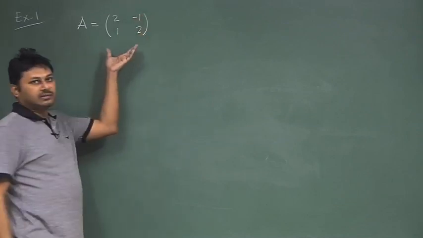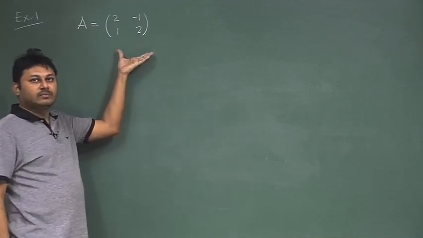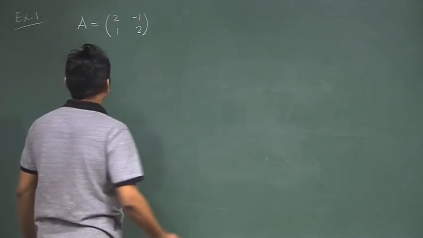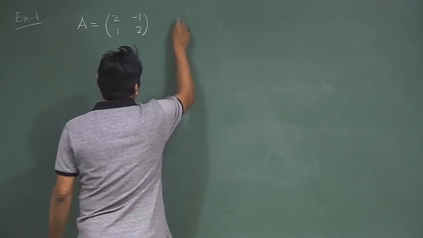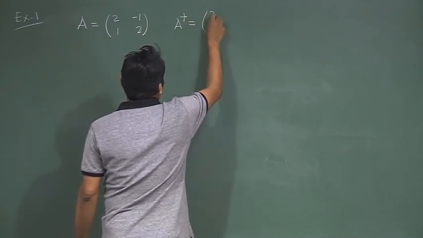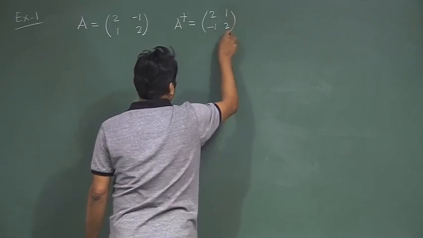This is a matrix which is given to me. Is this a normal matrix? First we need to find out whether this is really a normal matrix or not. So, A Dagger will be 2 minus 1, 1 2.